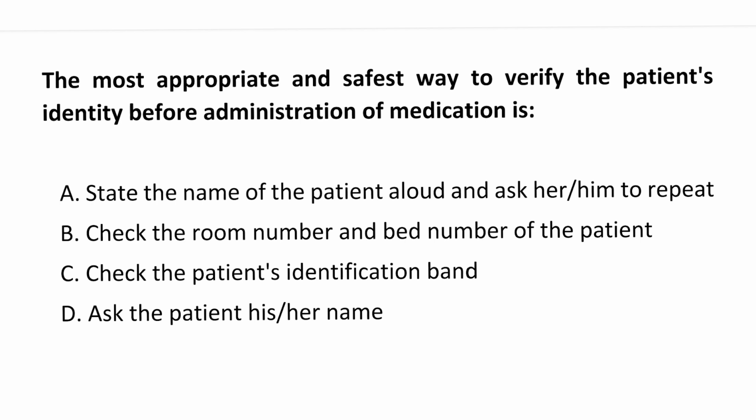Option C, check the patient identification band. Option D, ask the patient his or her name. The correct answer is option C, check the patient identification band. This is the most appropriate and safest way to verify the patient identity before administration of the medication.